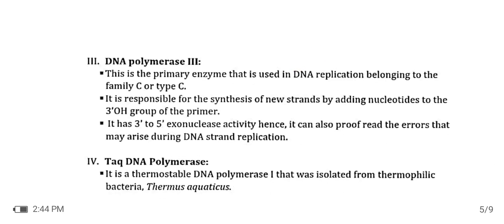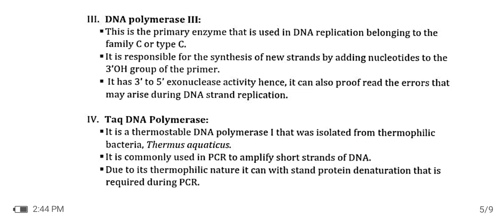Then DNA polymerase 3. This is the primary enzyme used in DNA replication, belonging to family C. It is responsible for the synthesis of new strands by adding nucleotides to the 3' OH group of the primer. It has 3' to 5' exonuclease activity, hence it can also proofread the errors that may arise during DNA strand replication.